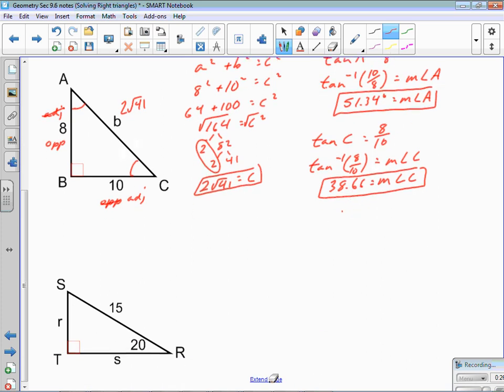All right, so then the last one here, we're given a 20-degree angle, trying to find the other three parts. So we know the measure of angle S plus 20 degrees has to equal 90.